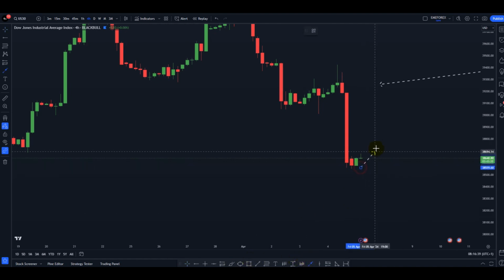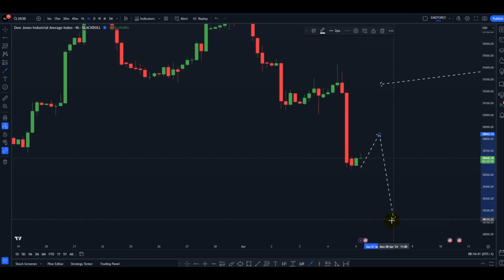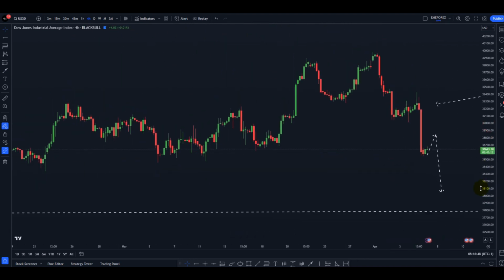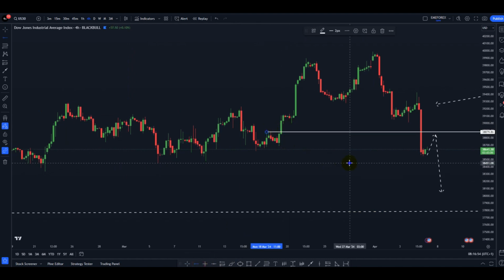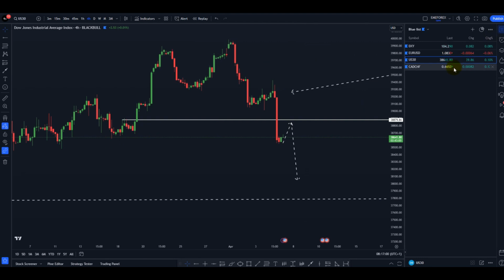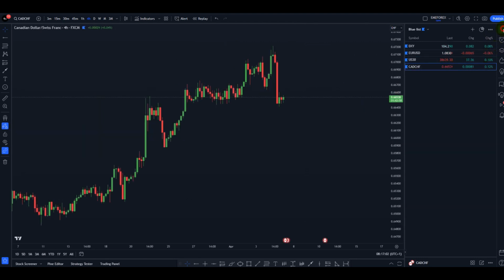So we want to see if we pull back to this region and we'll start getting those sales again. If I zoom out a little bit, you can see that the pullback we're looking at, we want to see if we get a pullback to this major level to get enough momentum and sell off. That's for US 30. And the last on my list is CAD Swiss.